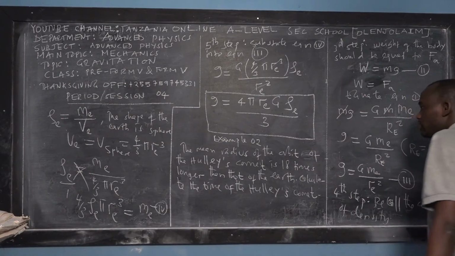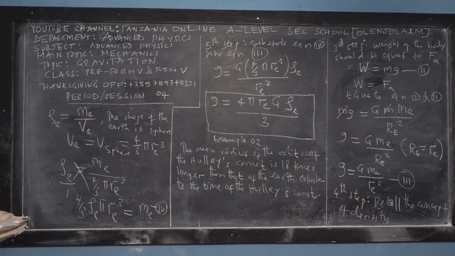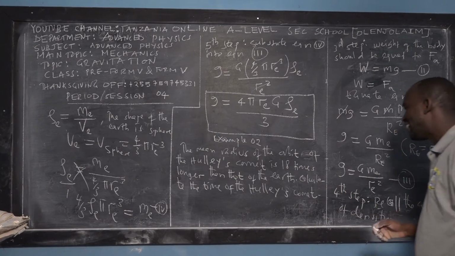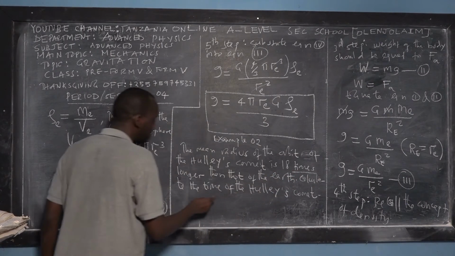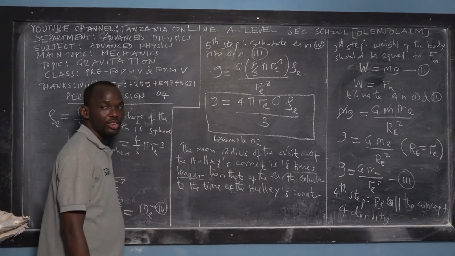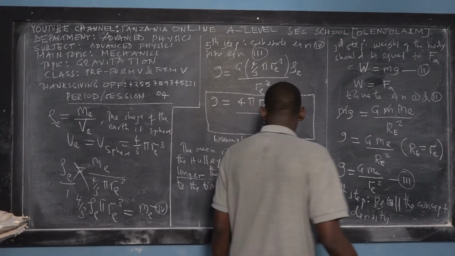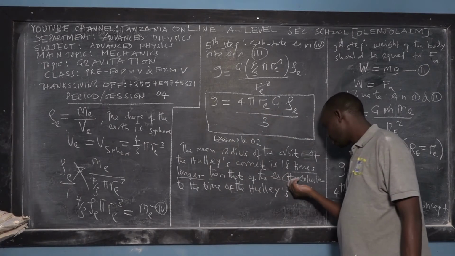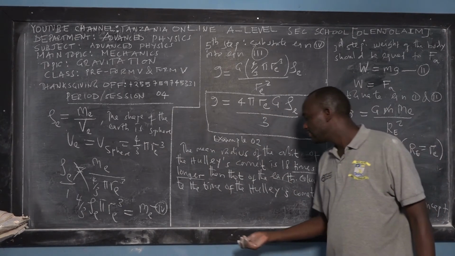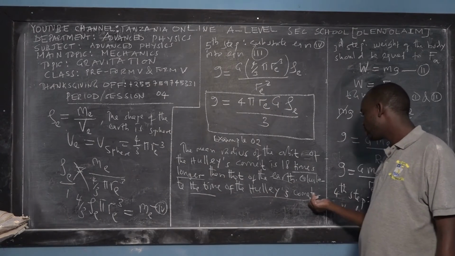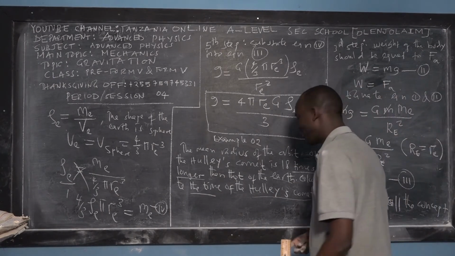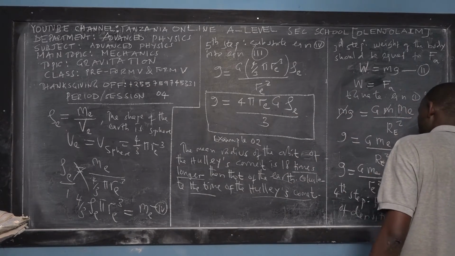So the question states that the mean radius of the orbit of Halley's comet is 18 times longer than what? The Earth. Calculate the time of the Halley's comet, meaning the time to complete one revolution around the sun.